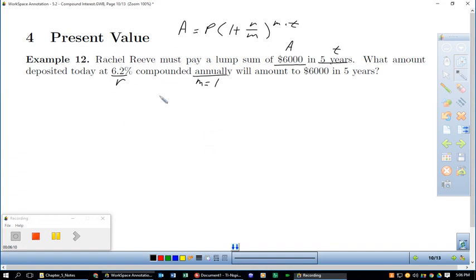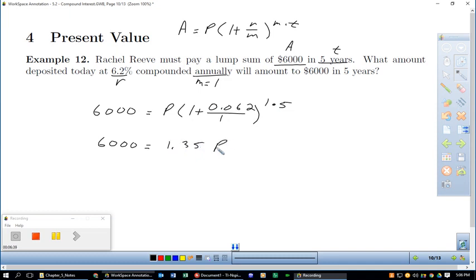All right, so we could take 6,000, that's our A value, equals P times 1 plus 0.062 over M, which is 1, to the 1 times 5. Simplifying the stuff on the inside, we actually get something close to 1.35. Now again, use the exact value in your calculator. Don't just round it.